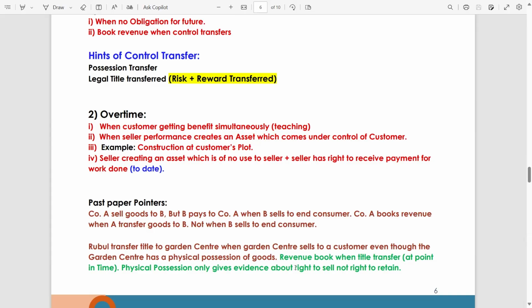Does it mean I have transferred my legal title to that person? No, I have not. I have just given him the right to sell. If he can sell in the market, then I will pay him 100K. So these are very important pointers.